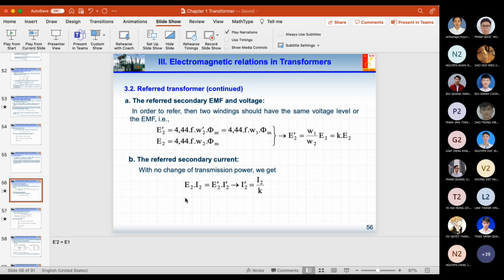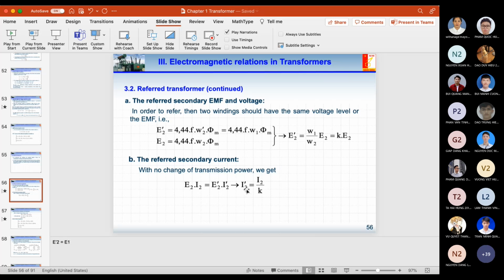It means that the energy before doing the conversion must be equal to the term after doing conversion. And for that we get E2 multiplied by I2 is equal to the term after doing conversion, like this. And from this one it's very easy for us to deduce.